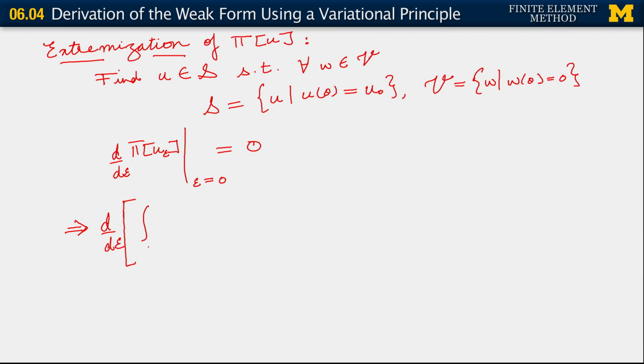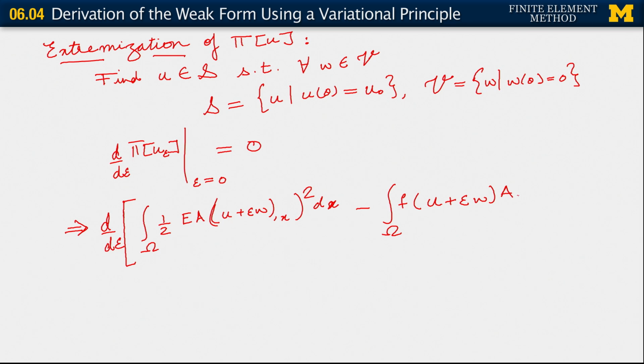Okay, d/d epsilon of integral over omega, 1/2 E A times (U plus epsilon W, the whole thing, comma x) squared dx, minus integral over omega f times (U plus epsilon W) A dx, minus T A times (U plus epsilon W).